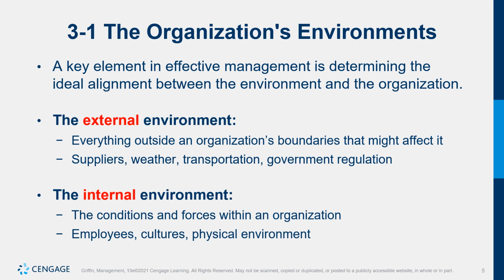The internal environment pertains to the conditions and forces within an organization, such as employees, culture, or the physical environment. Understanding the difference between the external and internal environment will help us understand how organizations deal with the different challenges that they encounter.